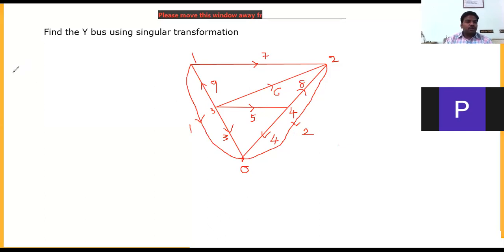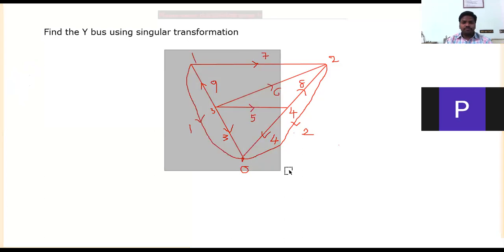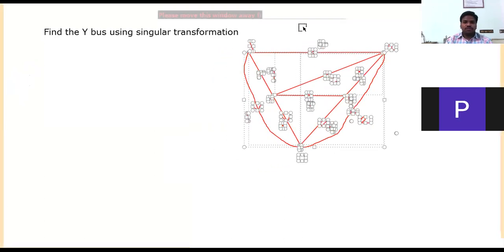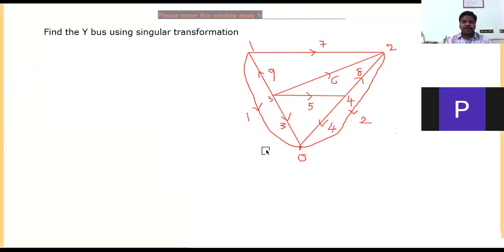And you also have one more piece of information: the admittance is already given. The problem has not been completed yet. So Y bus, this is the question, and this is the graph.